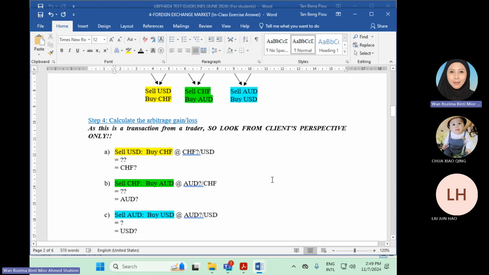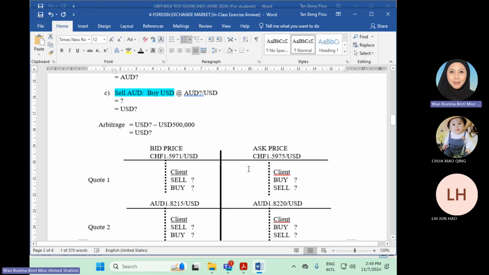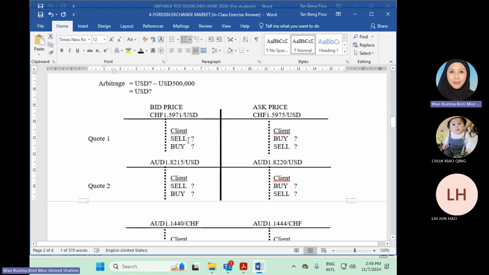Remember, the question started with USD 500,000. And then this one, Swiss franc against USD. So this one you have to do on your own.